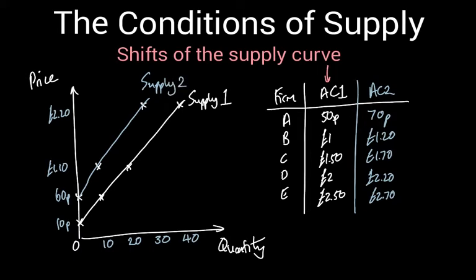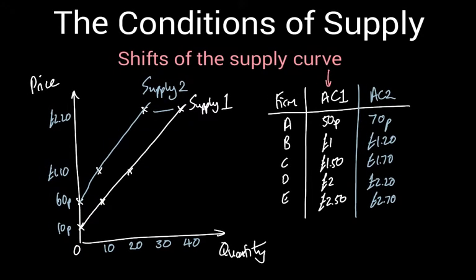And you can see what basically happened was that at each price level, the amount being supplied has fallen. So what we end up with is movement of these points to the left like that.